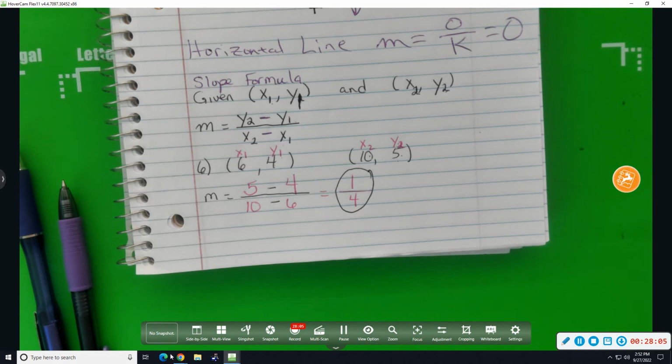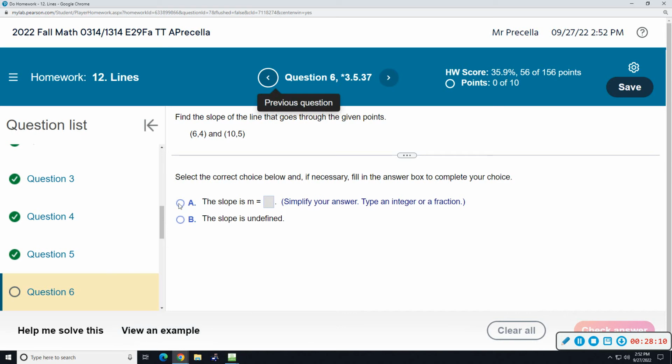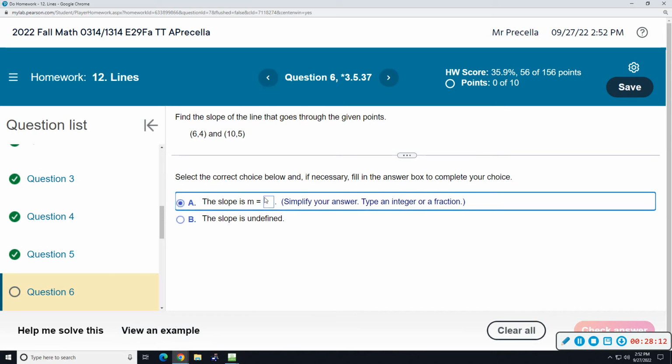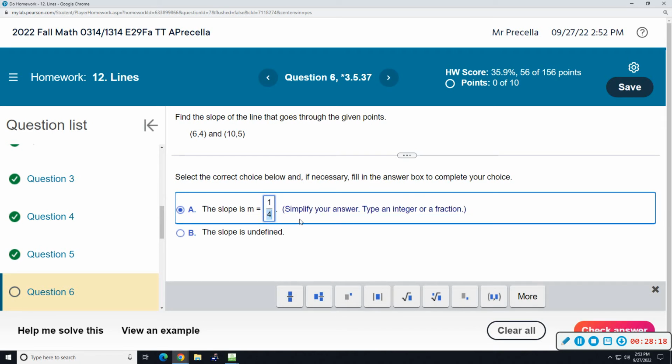So it's not very steep. Is the line rising or falling from left to right without graphing it? You know the slope is 1/4, which is positive. So it's rising when you look from left to right. Okay.